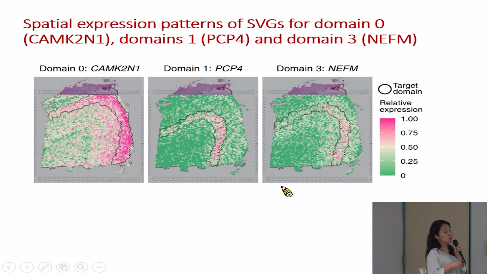Then they find that in human brain, domain 0 expresses CAMK2N1 at a higher level, domain 1 shows PCP4 gene expression, and domain 3 shows NEFM gene expression. So using this gene expression through the different domains, they can define the specific gene expression, and it will be located in the different spatial regions.